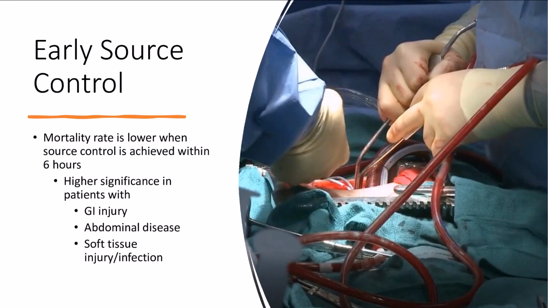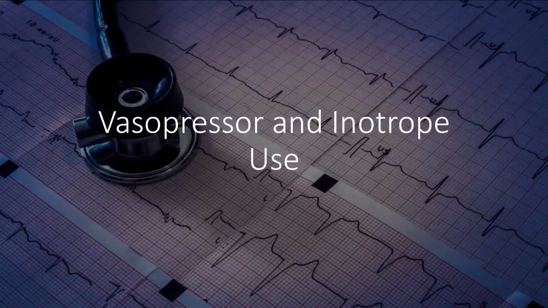This is as opposed to orthopedic injuries such as fractured limbs, or in fact cranial trauma, where there's less of a clear line as to whether or not surgery within 6 hours is of value. But it is significant in patients with gastrointestinal injury, abdominal disease, and soft tissue injury or infection. So those are the ones I'd focus on doing surgery within that first 6 hours or so.